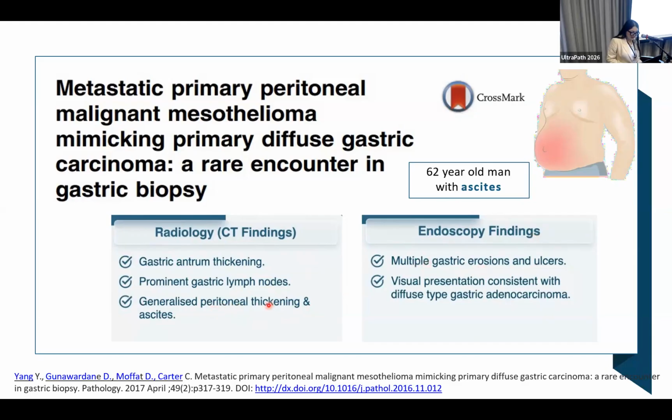The problem in this case was that the initial biopsy was non-diagnostic, and the endoscopy reported multiple gastric erosions. The first consideration was diffuse type gastric adenocarcinoma.